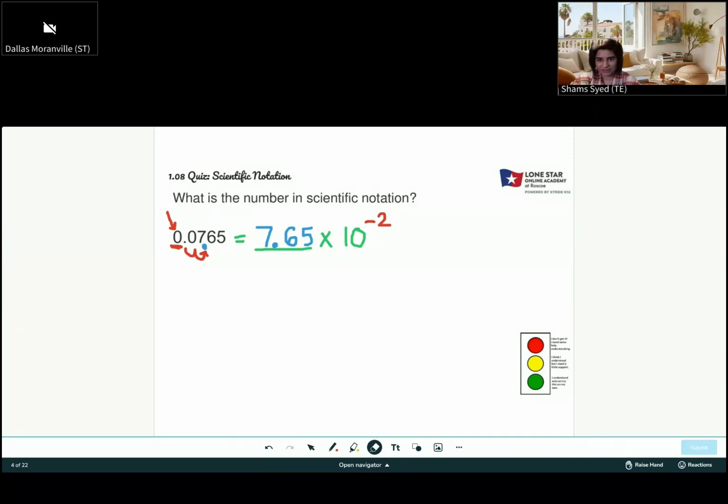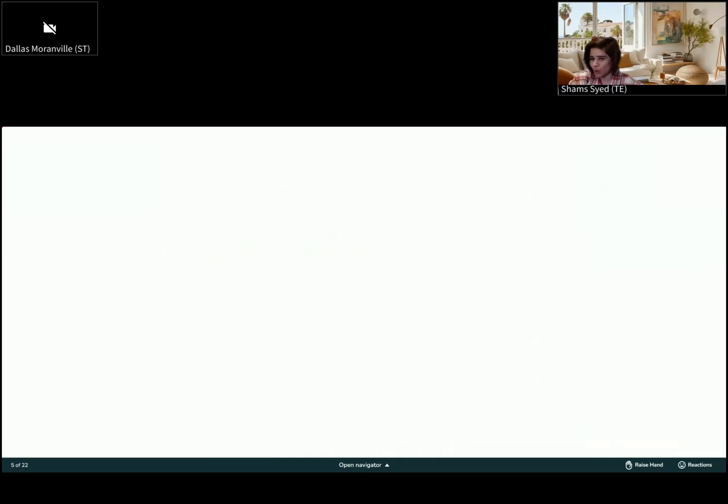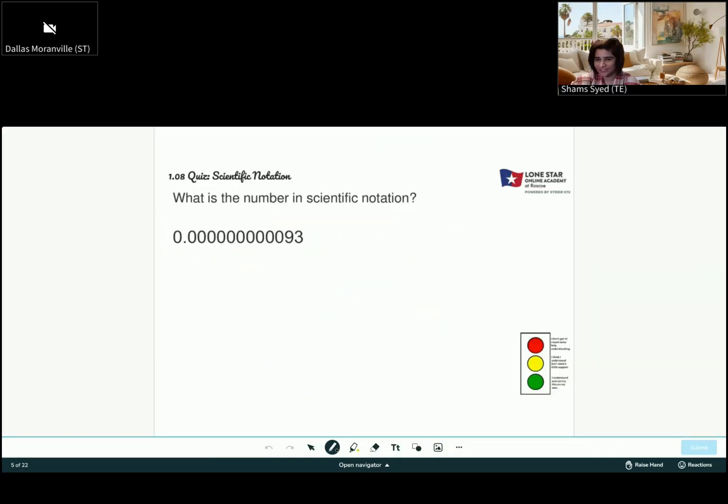Okay. If this was not your question 1, then your question 1 might look like this. Remember the purpose of scientific notation? Shrink the number so that it is manageable, readable, and understandable. Right? Kyler, on task, right?